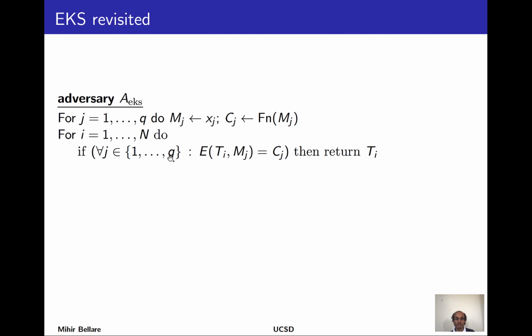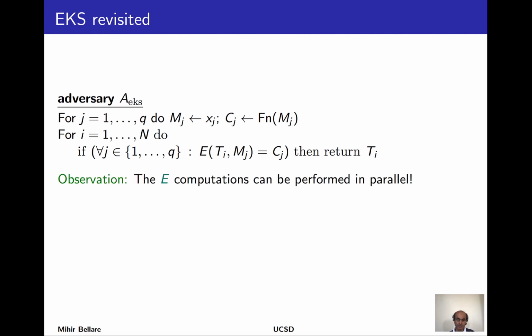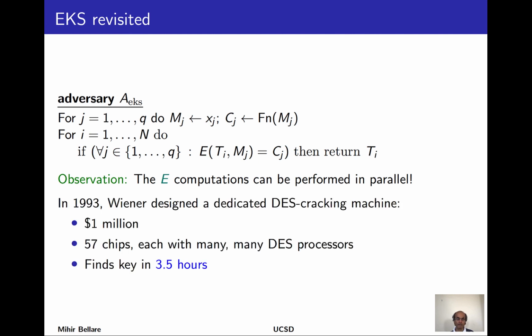Thinking of Q as just being 1, you have 1 DES per iteration in the loop, so maybe around 2 to the 55 or 56 DES operations. And we can do them with hardware. What we failed to consider is that you can do them in parallel. Nothing prevents you from testing multiple keys at the same time because you have hardware available to do that. But this makes a big difference if you systematically exploit it.